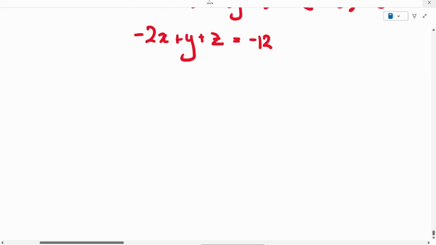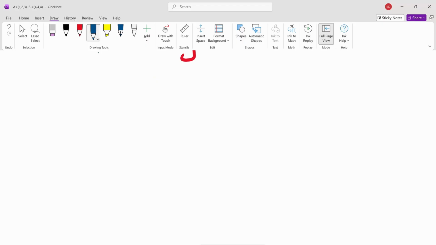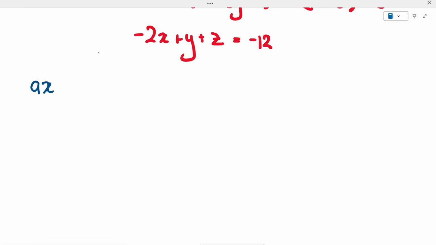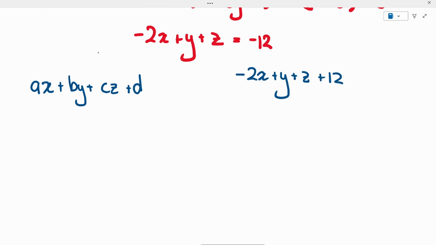So we want to write it in the form ax plus by plus cz plus d. Oh, well, I guess I could have just kept it, so minus 2x plus y plus z plus 12. This is our equation, right?